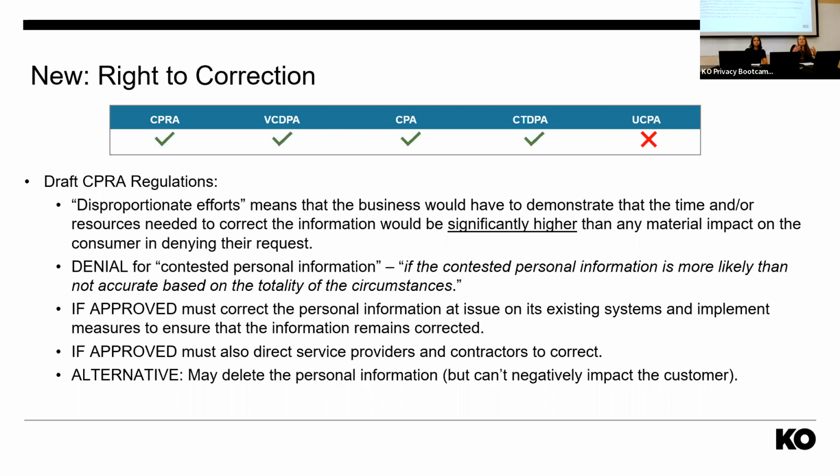We may have data from multiple sources about an employee, or a consumer that we've had multiple transactions with, and they're telling us the data you have is incorrect. We can deny a request if we have a reason to believe that the request is not accurate, that they're actually trying to correct data that is already accurate.